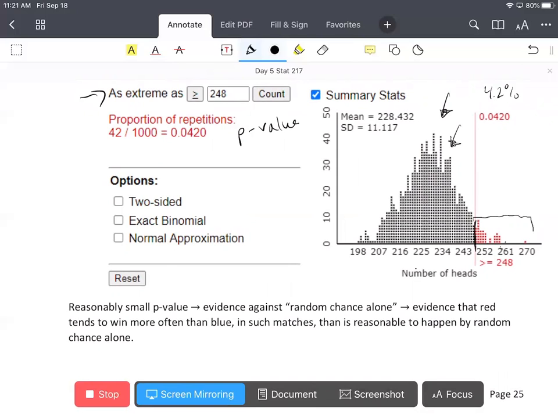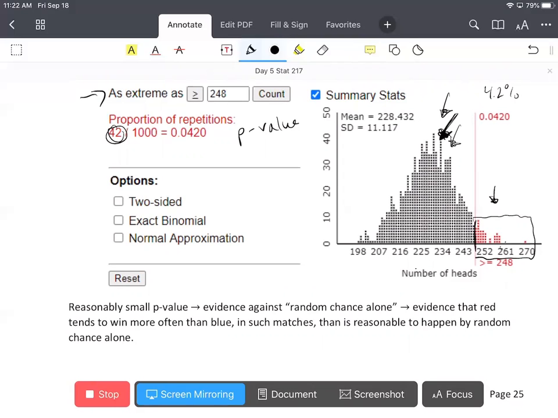It only happened a total of 42 times. That doesn't happen very often. So that's giving us evidence that red does tend to win more, because it's an unusual observation. Now, if it had fallen back in here, let's say right around here, I know I have lots of arrows, I apologize, we would have said, oh, that's to be expected.